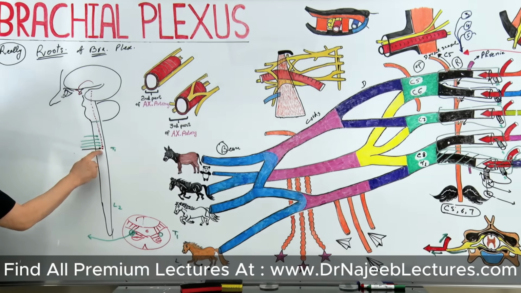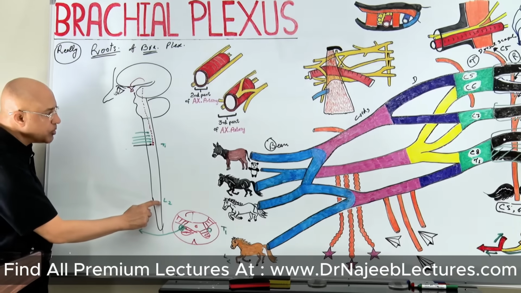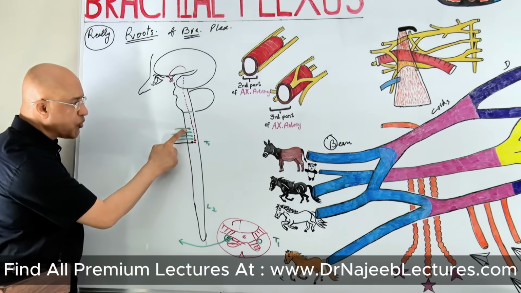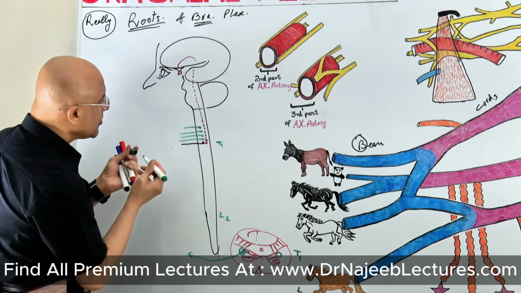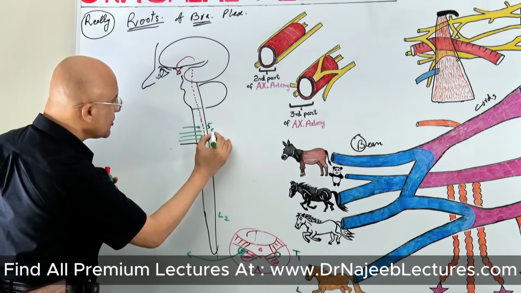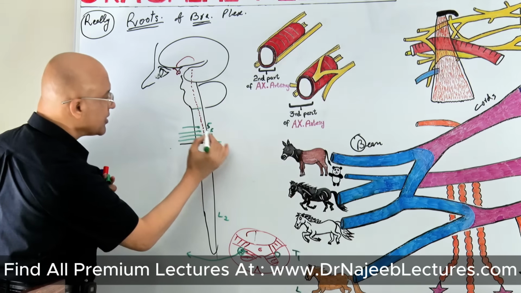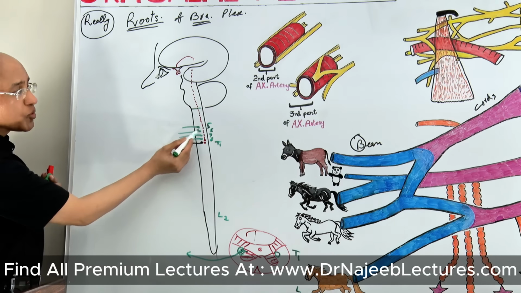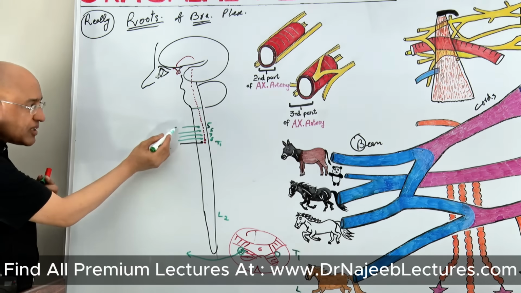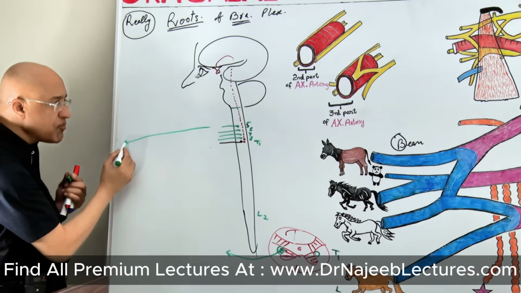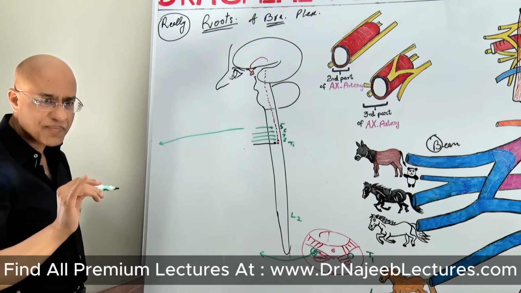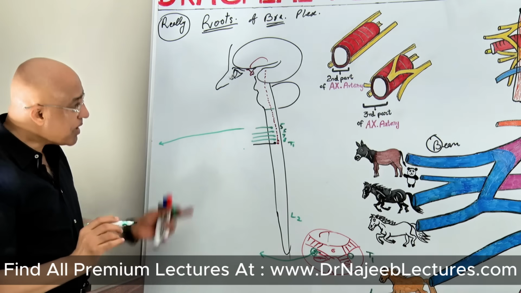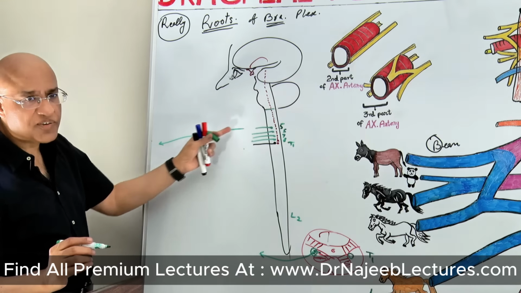Here was sympathetic outflow from T1 to L2, but there is no sympathetic outflow at level of C5, 6, 7 and C8. There is no sympathetic outflow through this system. But when this system is going distally, somewhere sympathetic fiber should be added here. You are understanding? But they are not coming directly from the central system.